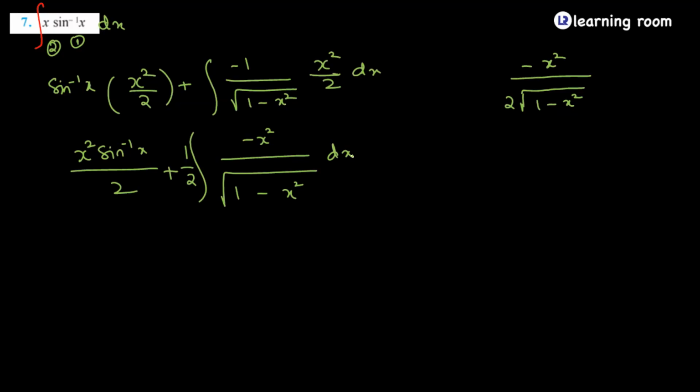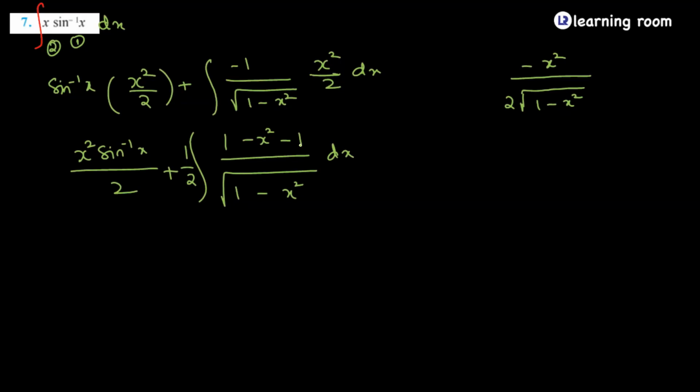So whenever the numerator and denominator have the same power, what should you do? Replicate the denominator in the numerator. In the sense, what is the function present in the denominator here? 1 minus x square, right? I have minus x square here. How will I get 1 minus x square in the numerator? By adding 1 and subtracting 1. Is it still balanced?